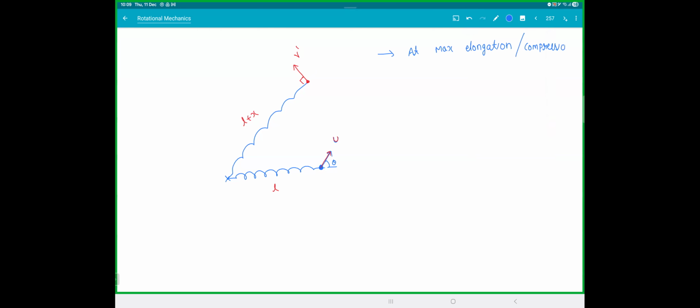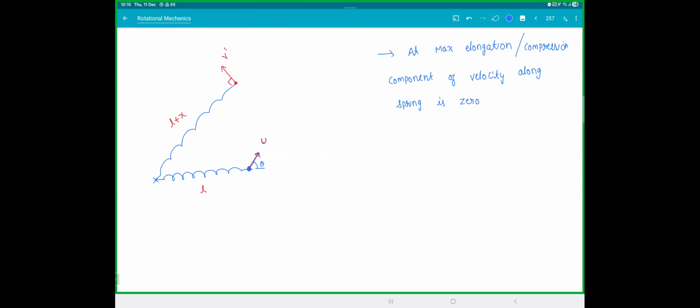Without that, you can't go ahead. And let x be the elongation.